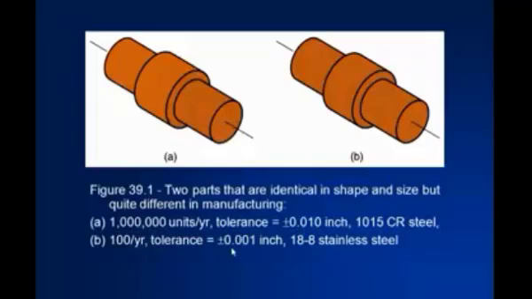Its tolerances are tighter than the other one, and it is a chromium 18-8 stainless steel. So there is a difference between the materials. When there is a difference in the materials, there would be different tooling for them. Two different machines and two different tools will be required, and a different production system. So there is a difference between the manufacturing of these two based on the material differences, even though they have the same shape and size.